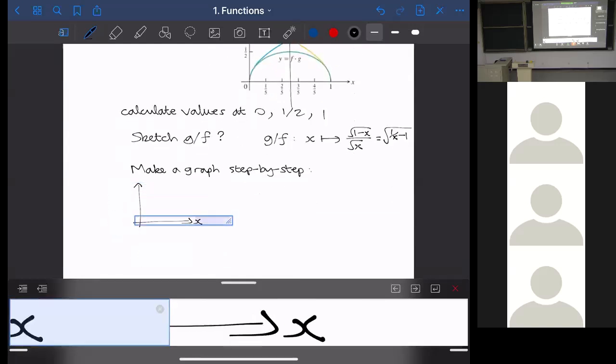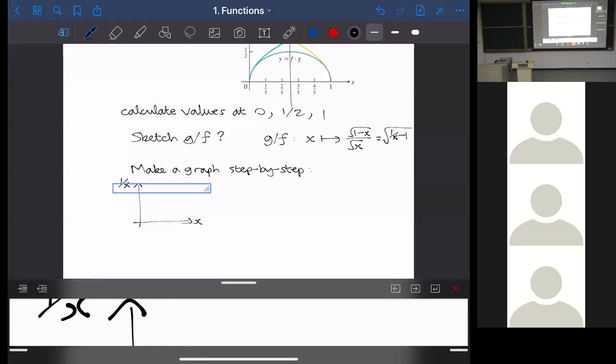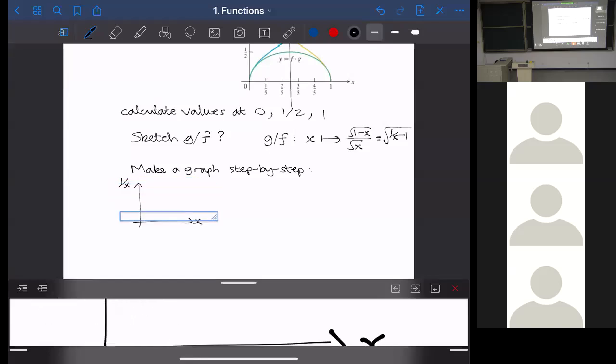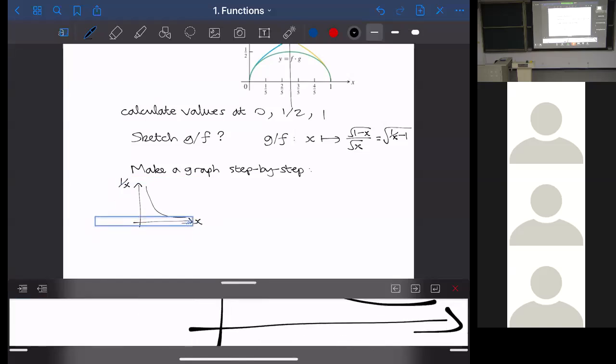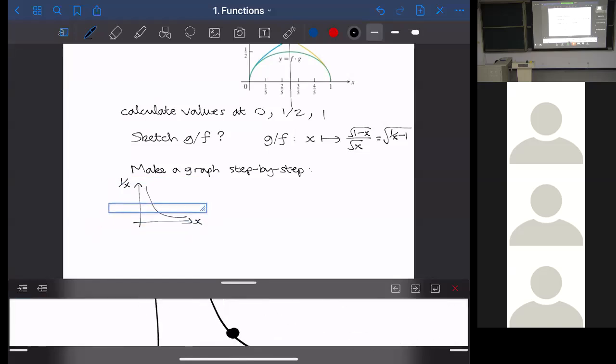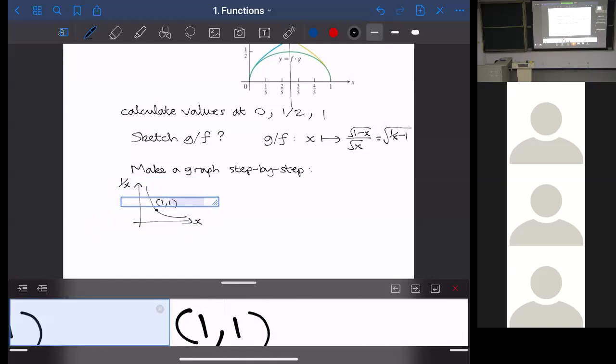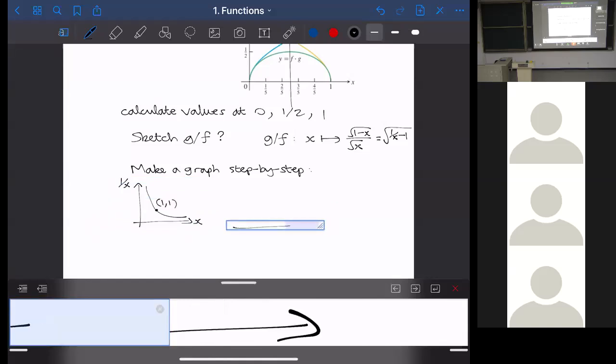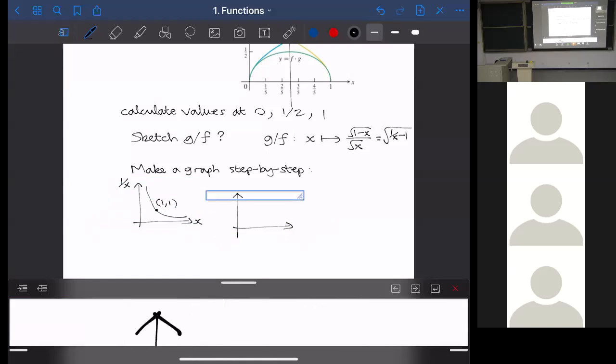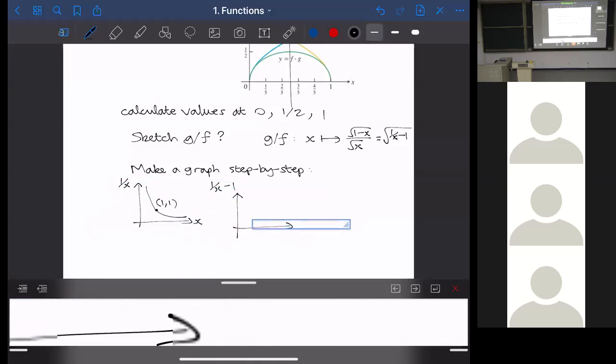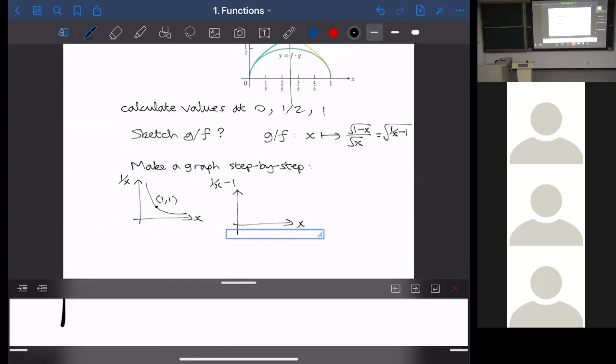So first, the graph of 1 over X. Looks like this. And the value of X at 1 is 1. What about 1 over X minus 1? Well, we just learned that we shift down by 1 to get that graph.